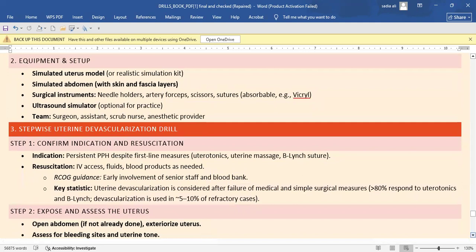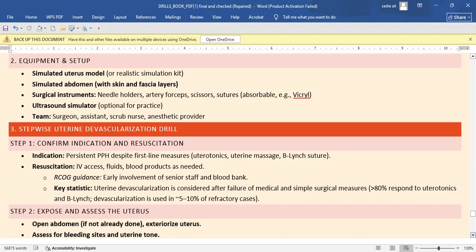So first, once the abdomen is open, we confirm the indication of the uterine devascularization and the equipment and setup. So first we need the equipment. We have opened the abdomen: skin, fascia, then deep fascia, superficial fascia, and fat, and then peritoneum.